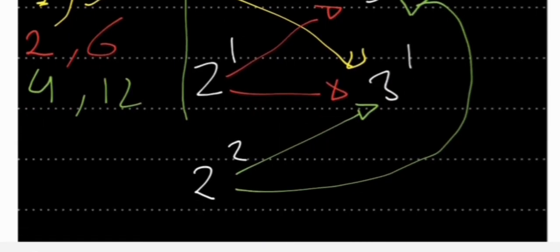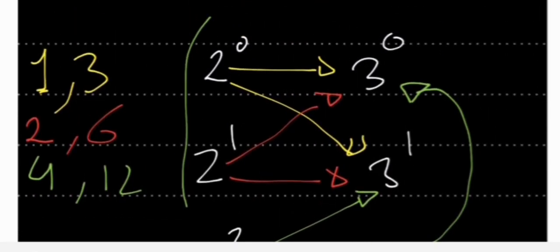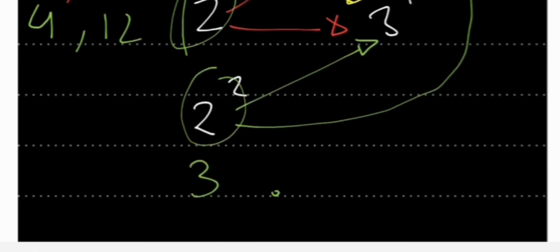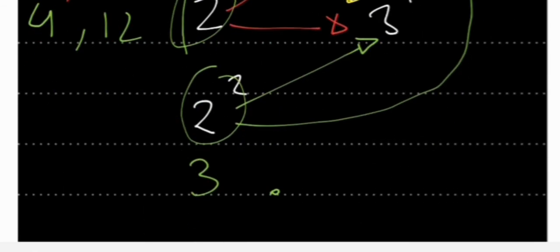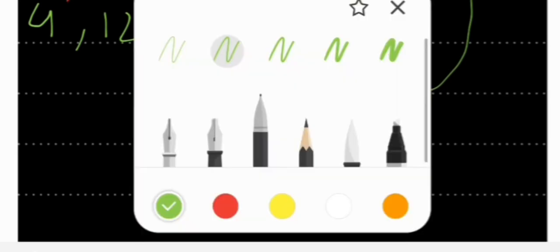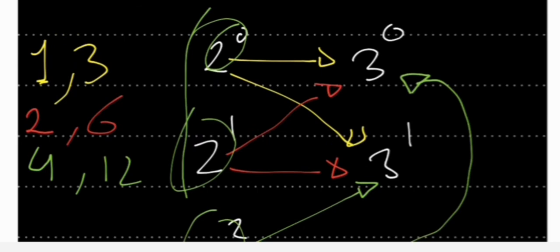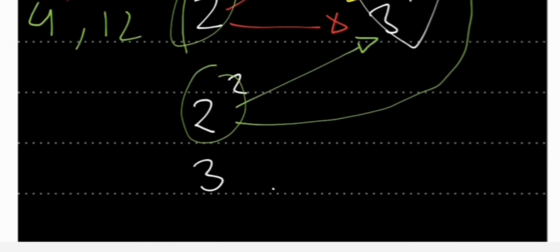So look, what did we basically do? We had 3 numbers over here for the powers of 2, and here we had two numbers for the powers of 3, and this is equal to 6. This is not any magic or anything like this.